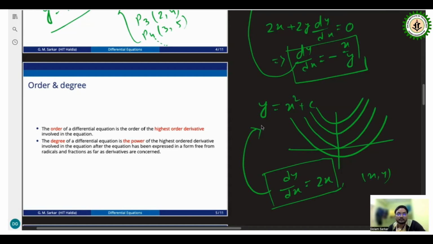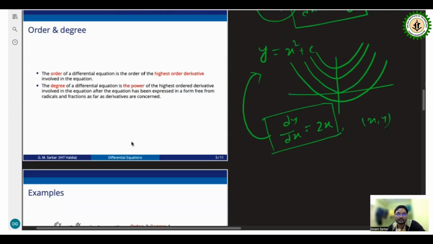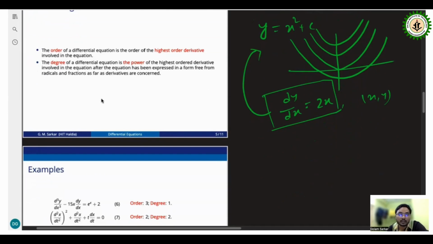Okay. Now comes order and degree of a differential equation. The order of a differential equation is the order of the highest order derivative involved in the equation. So if in a differential equation there is a highest order term, that will be the order of the differential equation. We'll come to it through several examples.